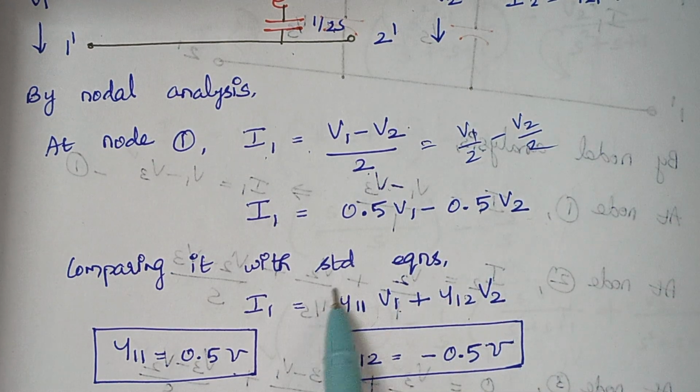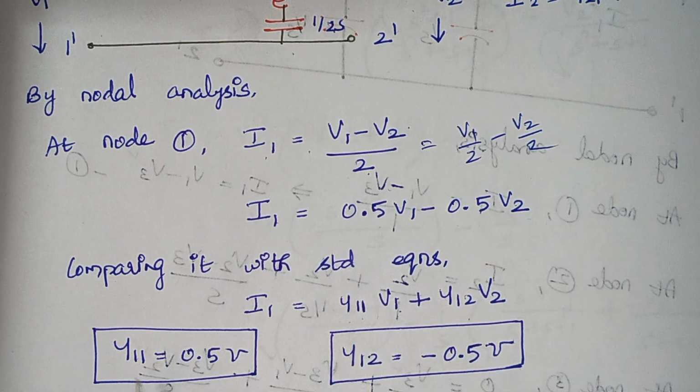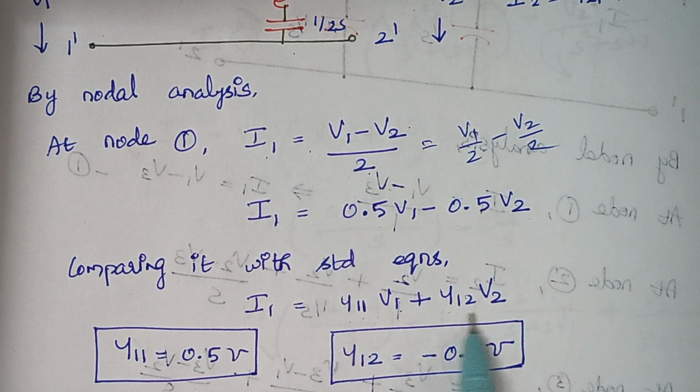So in the place of Y11 I have 0.5. So Y11 is 0.5 mho, because here we are discussing admittance parameters. And the next thing is Y12. Here it is minus 0.5. So Y12 is equal to minus 0.5 mho.